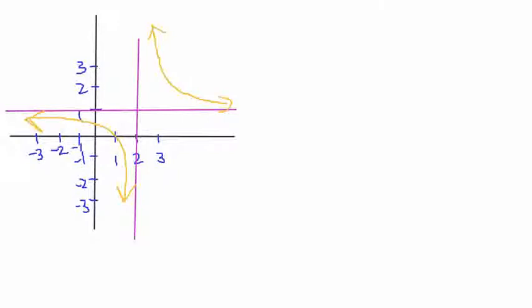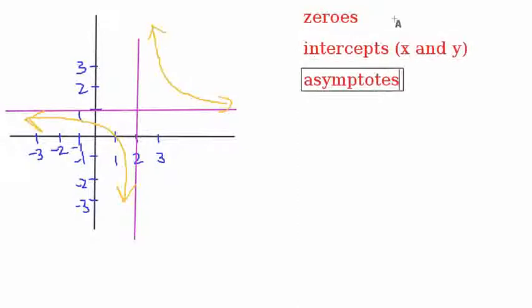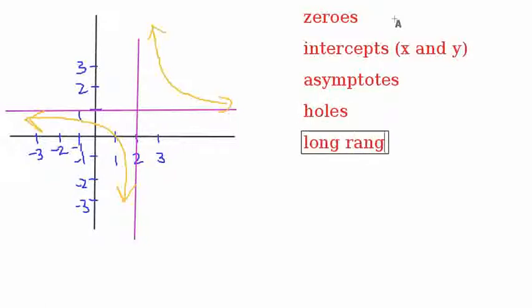So using the same material, let me list them all again. These are always going to be useful, or a lot of them are. Zeros, intercepts, x and y, asymptotes, holes, and then long-range behavior. Okay, so we have a 0 at x equal to 1.